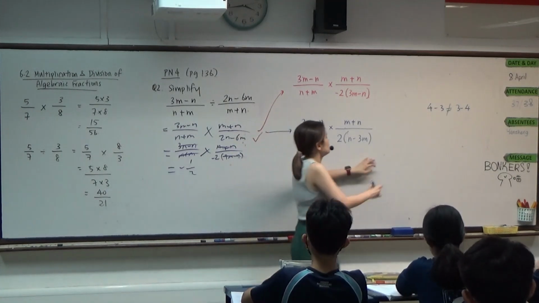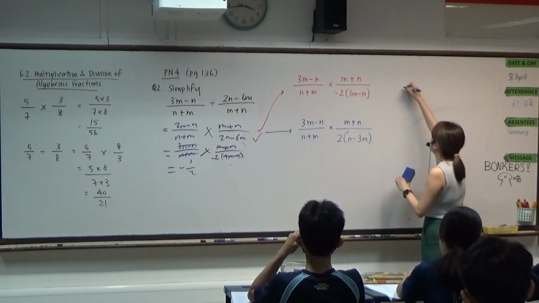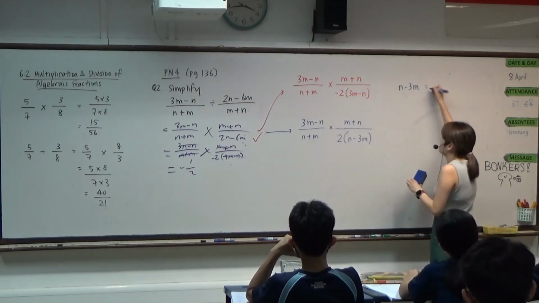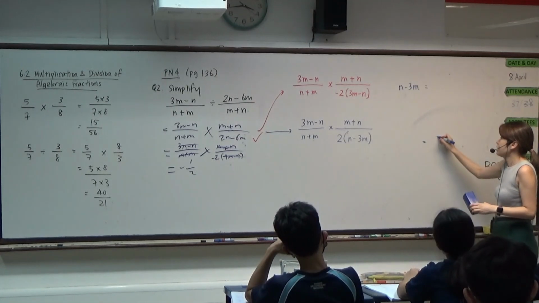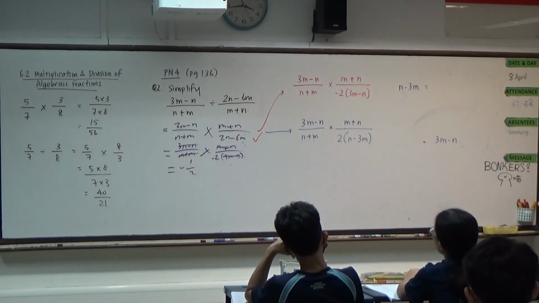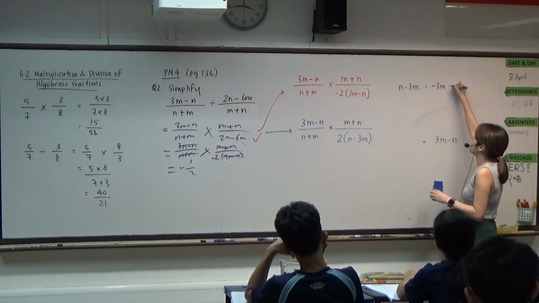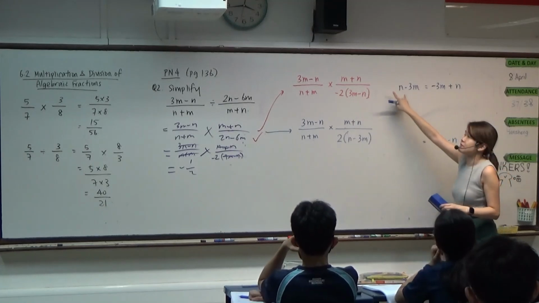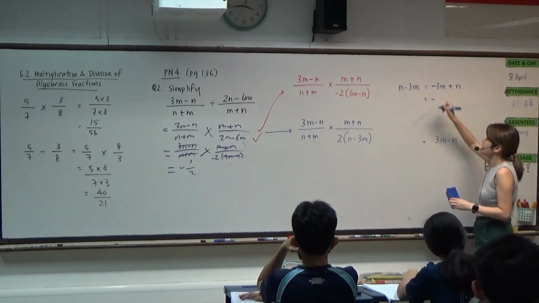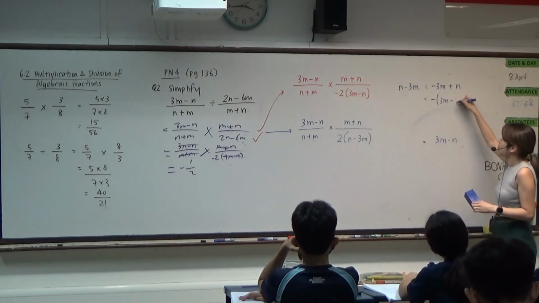If you recall, n minus 3m, we are writing on top here. In order to make it equal to 3m minus n, or somewhat equal, we need to rearrange this into negative 3m plus n. Just shifting things around, I can factorize out a negative, so I get negative (3m minus n).